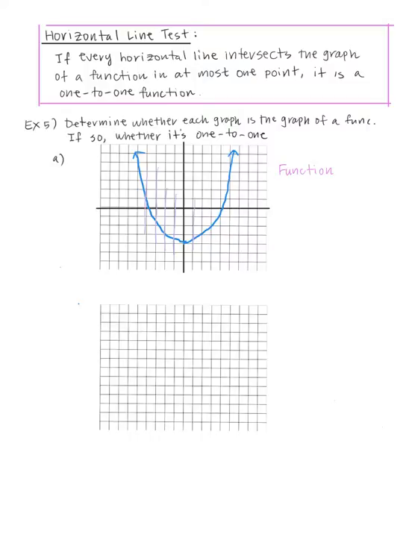So clearly, this is not a one-to-one function, because if I draw a horizontal line, maybe right here, notice that the line intersects the graph at 2 points. So therefore, it fails the horizontal line test. So this is not going to be a one-to-one function. So function, but not one-to-one.